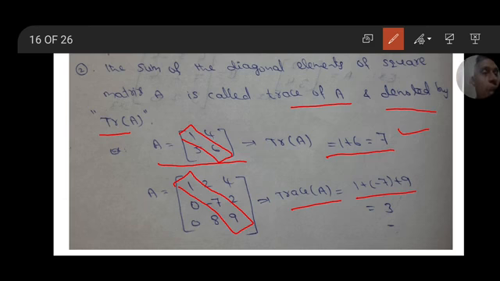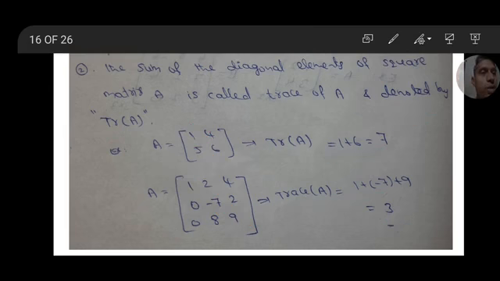So 9 plus 1, 10, 10 minus 7, 3, therefore 3 is the trace of the matrix. The sum of principal diagonal elements is called the trace. Trace is defined only for square matrices. Square matrices only have the principal diagonal, therefore their sum is the trace. Okay.